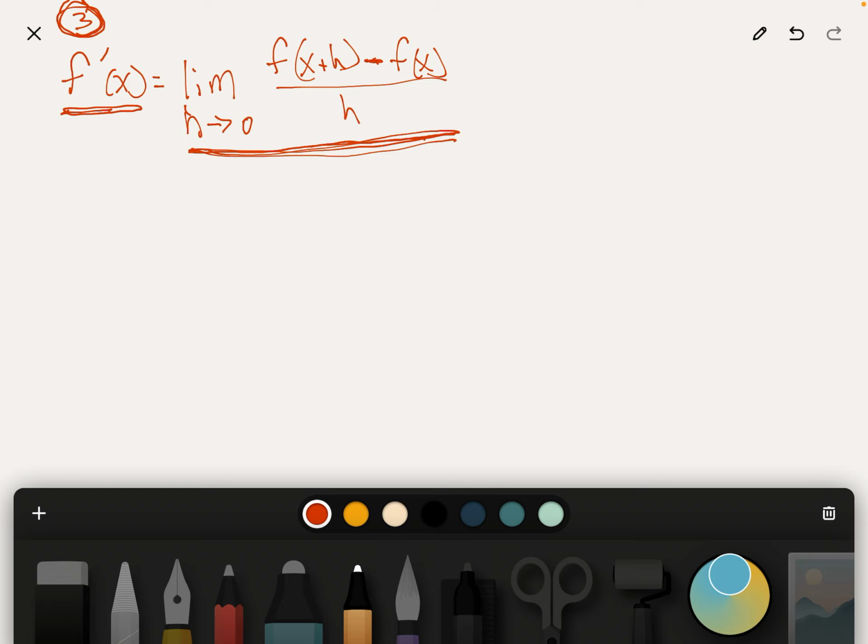And just to have a concrete example in mind, let's just take a simple function, f of x equals x squared. Of course, we could say y equals f of x equals x squared.